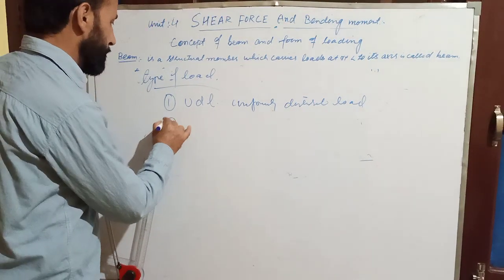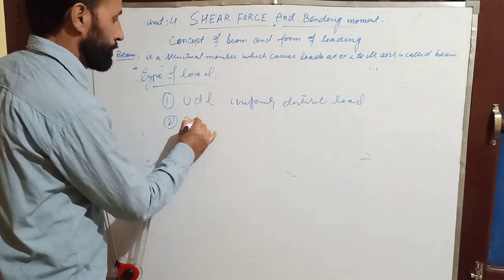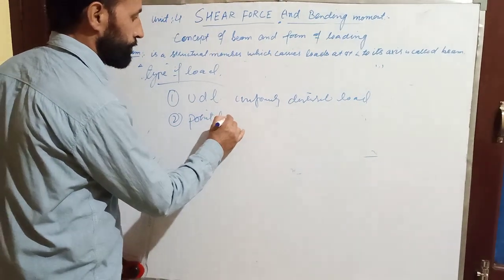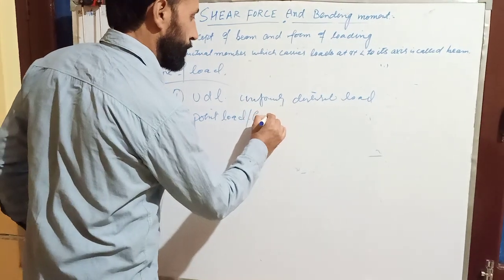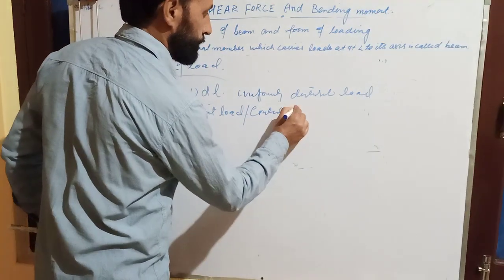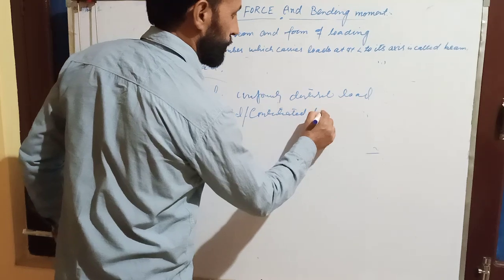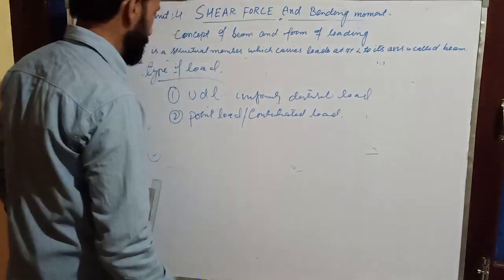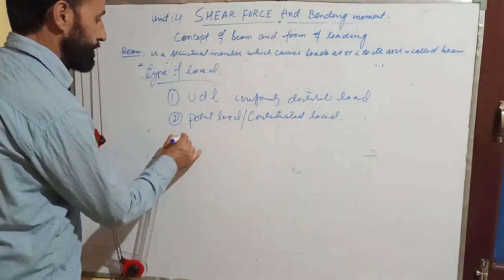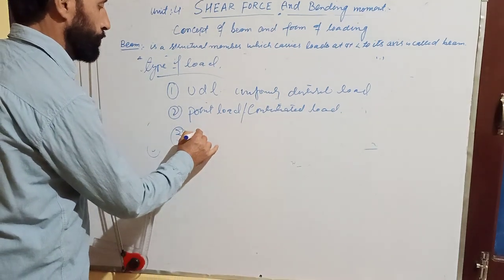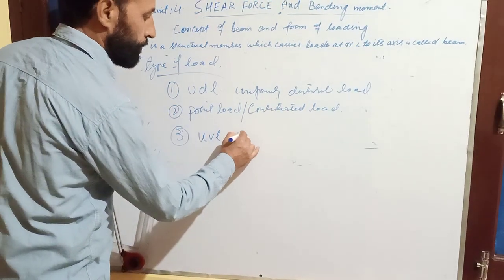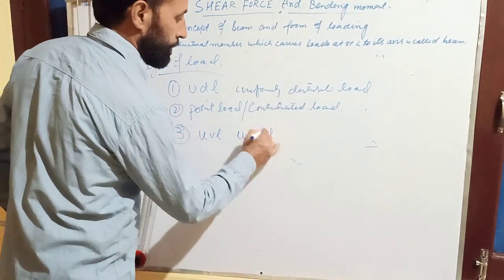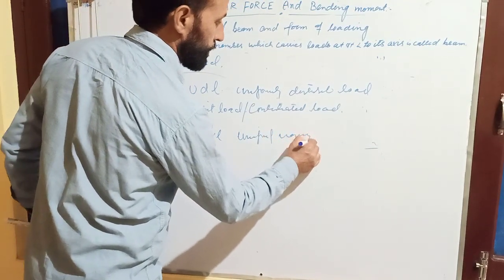The second one is point load. We can also say concentrated load. And the third one is UVL, uniformly varying load.